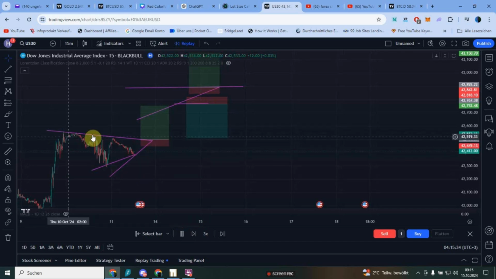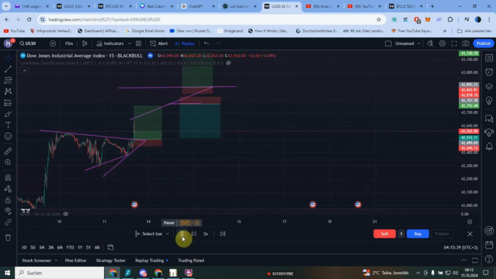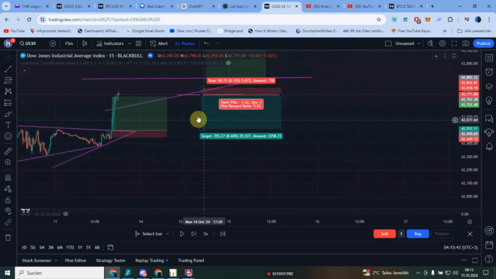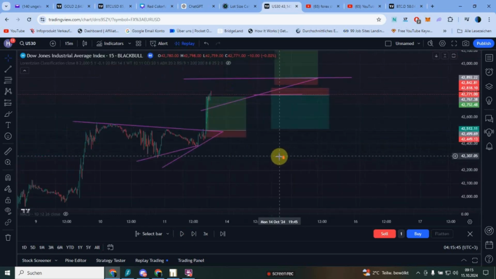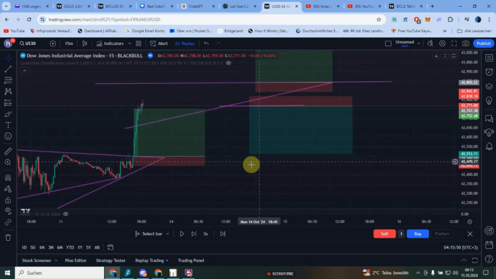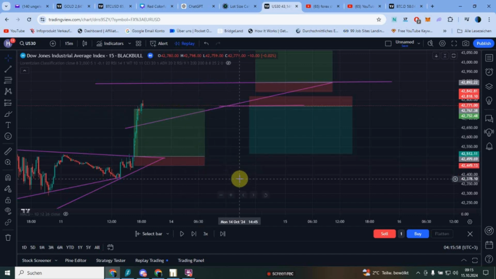Therefore I draw a trend line here and a trend line here, and boom, this trade smashed my take profit. Generally I risk 1% for the strategy and go for a 1 to 5 RR trade. That means I risk 1% and make 5%.